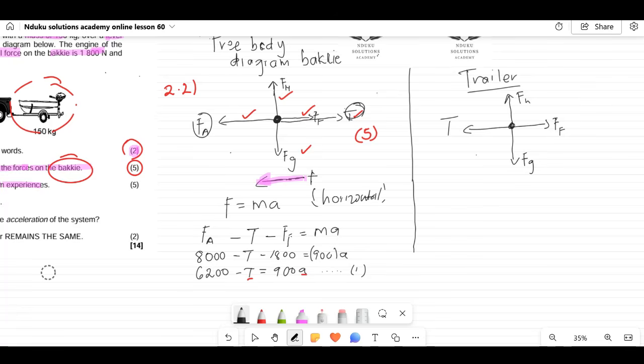We are also sticking to saying going to the left hand side is positive. So this side, you still have F equals MA. The acceleration this side will be the same as the acceleration that side, since they are attached to each other. So like we said, we'll just focus on the horizontal forces.